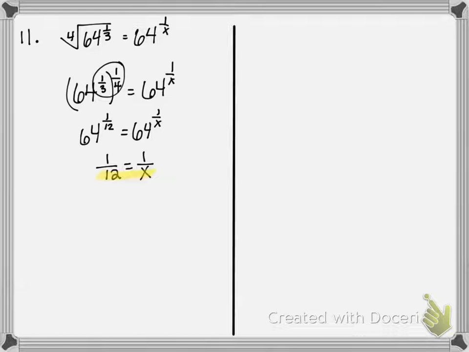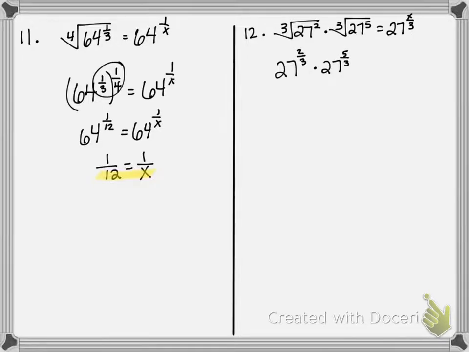Number 12 is the same idea, but I have the cube root of 27 squared times the cube root of 27 to the 5th equals 27 to the x over 3. So I have 27 to the 2/3 times 27 to the 5/3 equals 27 to the x/3.